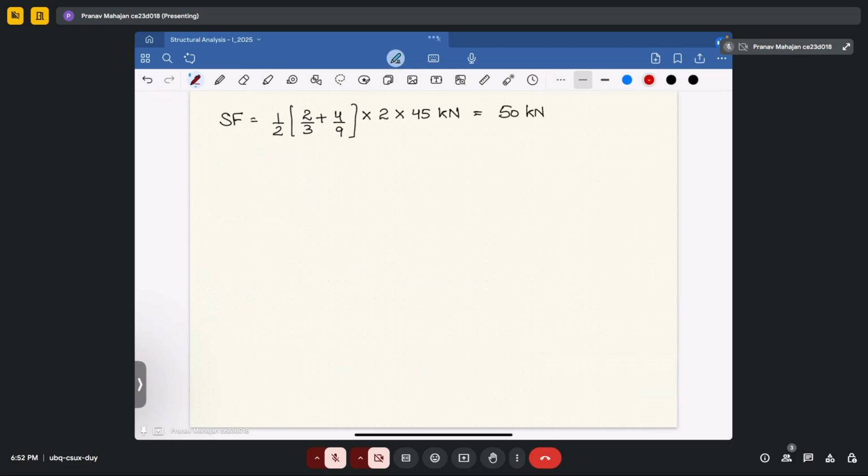Now let's say case 2, when load is kept between A and C. In that case, your 1 by 3 divided by 3 will become equal to x upon 1. That means your x will be equal to 1 upon 9.